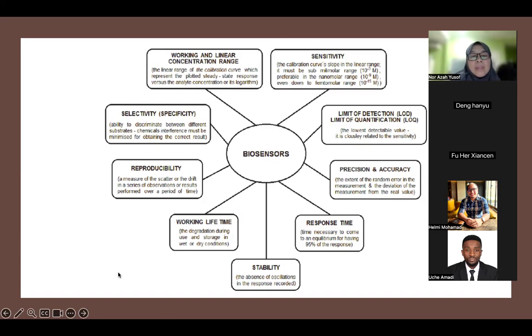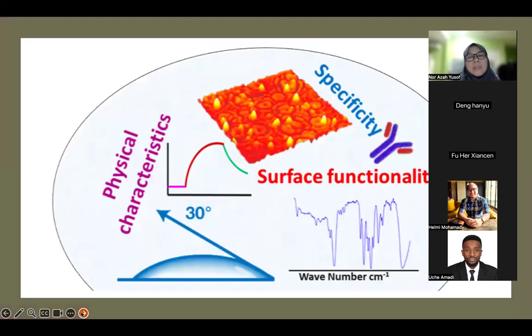But before that, since a sensor is about manipulating the surface, we have to work with, for example, the electrode surface. If we are talking about optical, then we also need to embed something on the surface of the sensor.